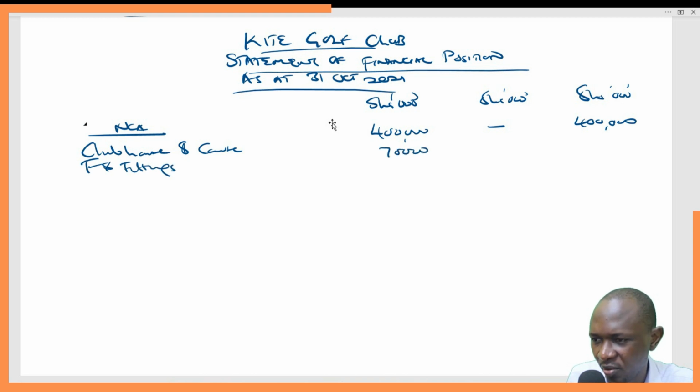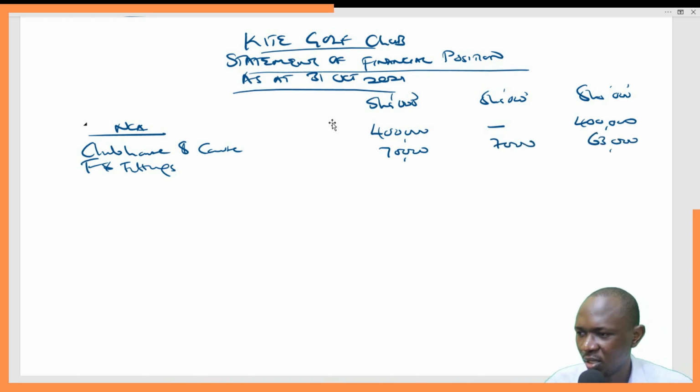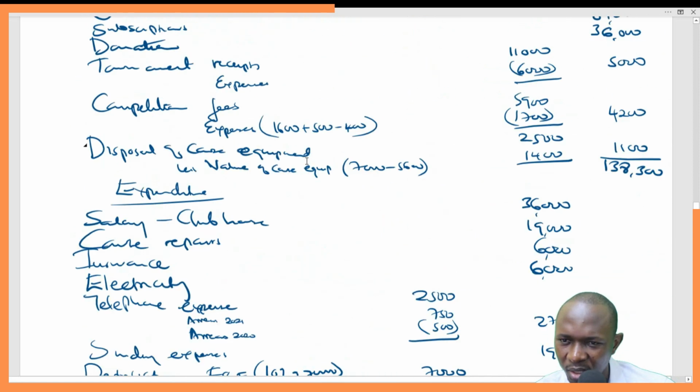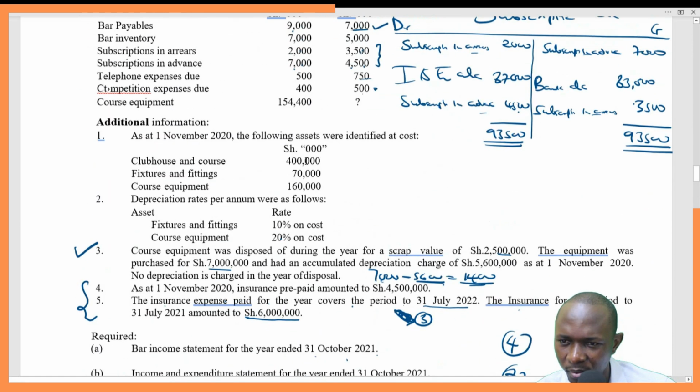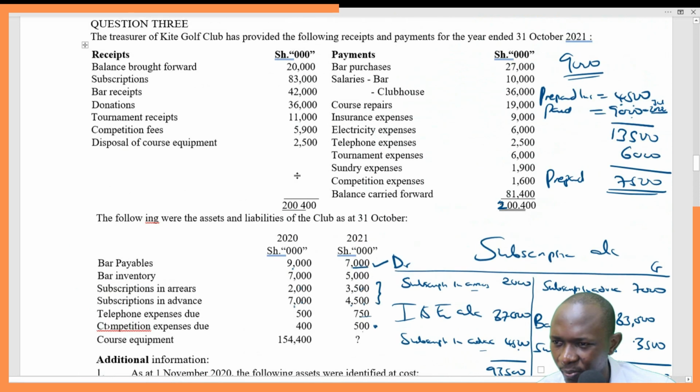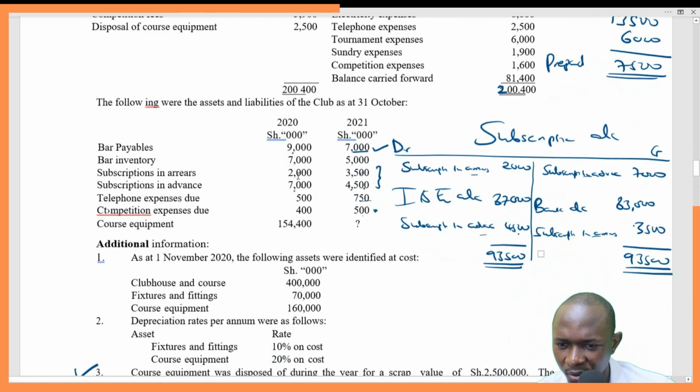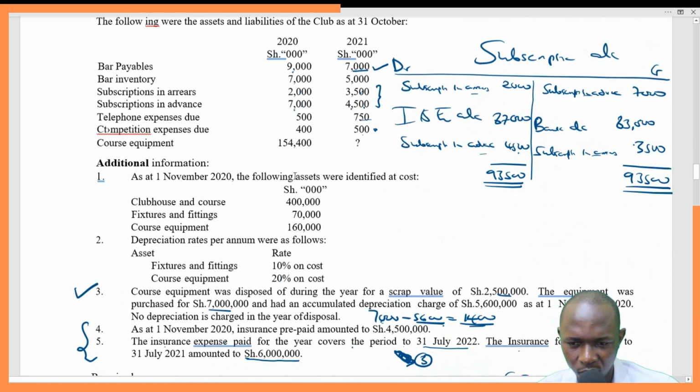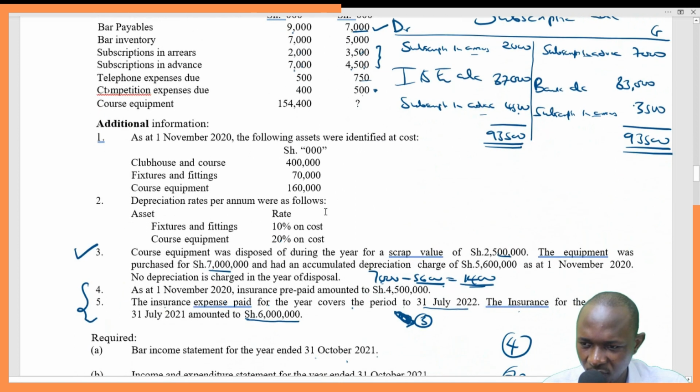It was the value of 70,000. Depreciation was 7,000, and this was 63,000. Let me check if we have any accumulated depreciation as at 1st November. I doubt it, there's no mention of accumulated depreciation. So we assume those are the values.